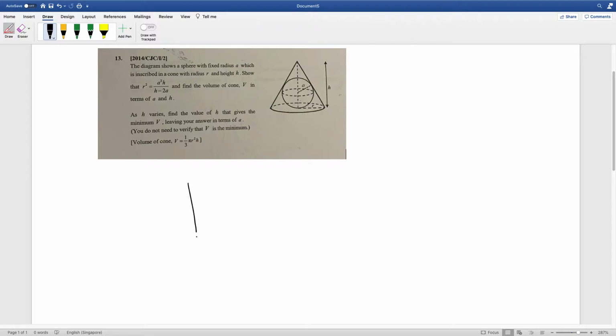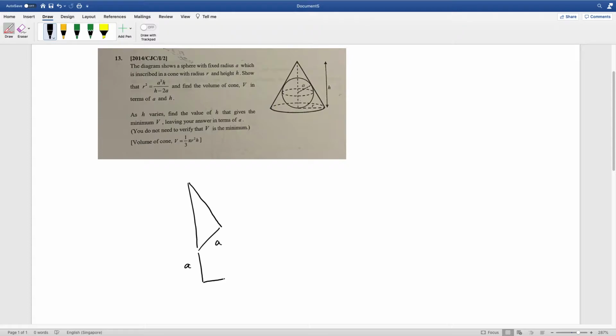So this is the center axis of the cone, and then you have A over here, because it's the radius of the sphere.